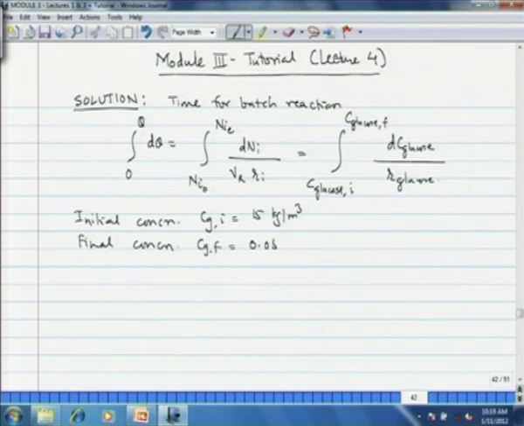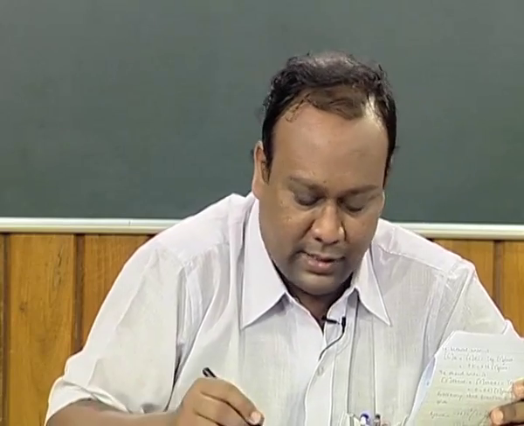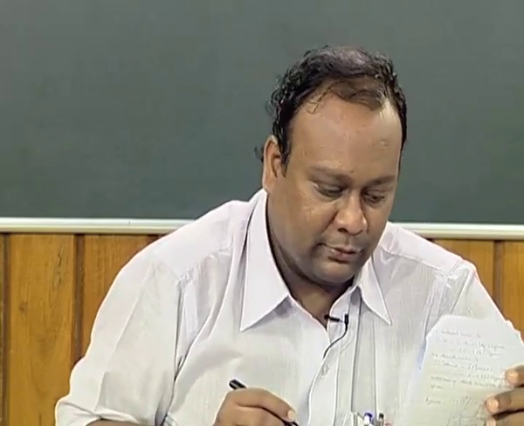So the final concentration is 0.05 into 15, that is 0.75 kg per meter cube. We have to evaluate this integral, and we have a complicated expression. You have two options, either integrate in the form of a summation, or integrate directly using some basic software like Polymath or MathCAD. However, we have to first write the integrand, the R glucose.